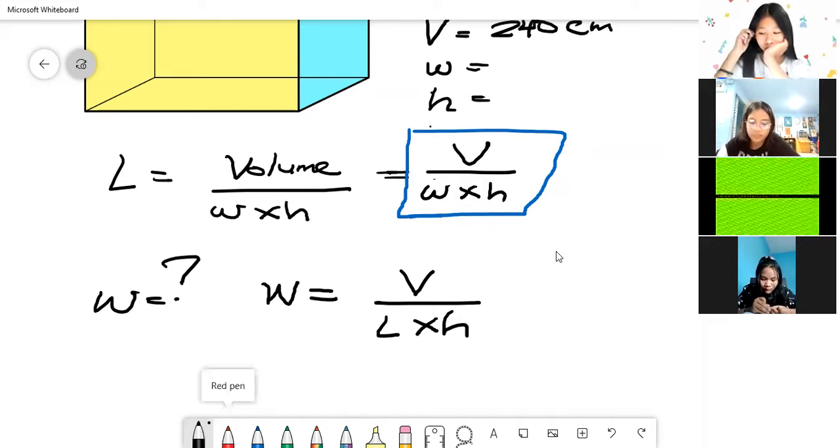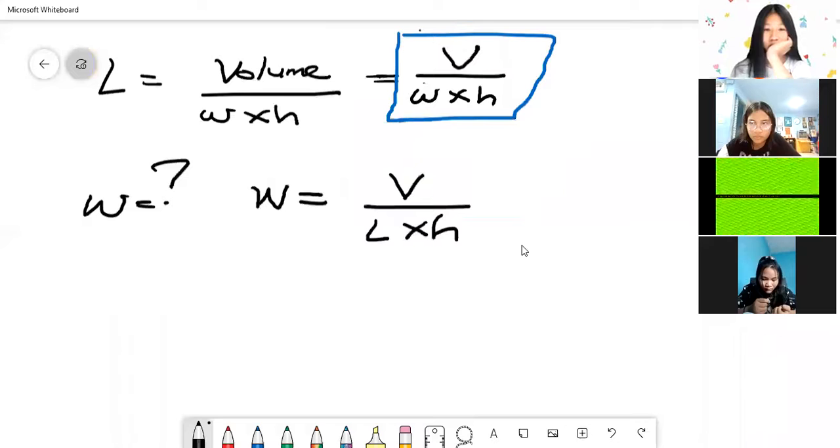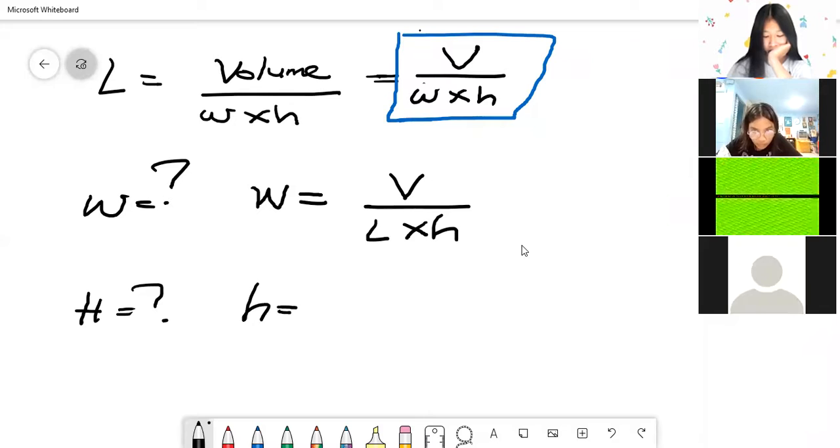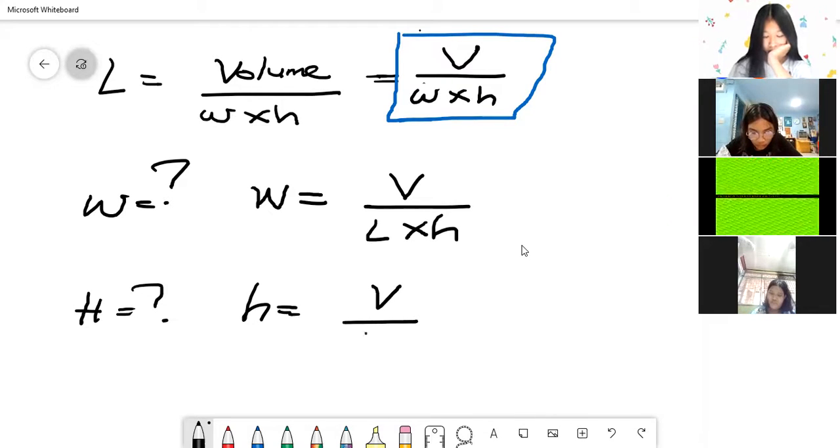To find the width, volume divided by length times height. And the last one, if the question mark is the height, and the volume is given, then H, the height of the cuboid, is equal to volume over length times the width. Okay, everybody remember that one, write that one in your notes.